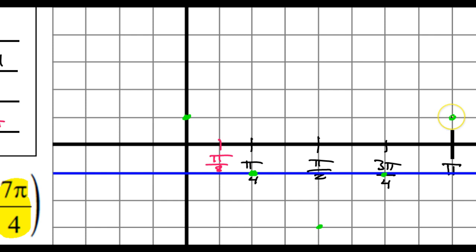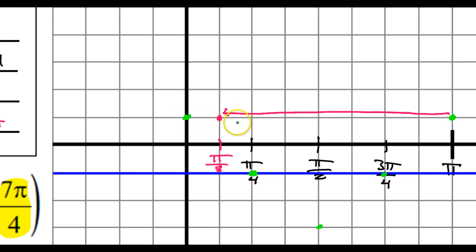I could move this point on the end 7 to the left. So let's start from there. If I move this guy 7 to the left, it's going to look like this. Alright, so I'm going 7 to the left. So 7 to the left is going to put me right here. Alright, so this point would end up right here.